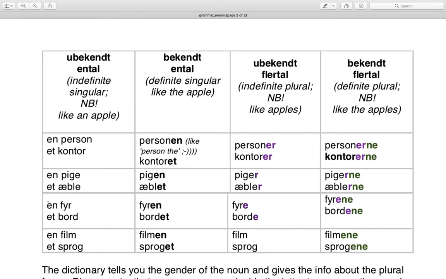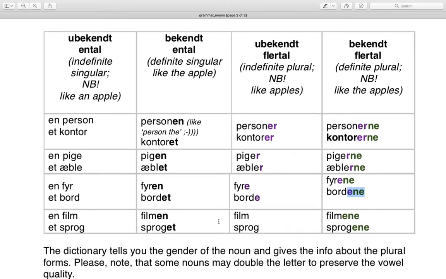So, en fyr, a young boy, fyren, the boy, fyre, boys or guys, fyrene, the boys. Then et bord, a table, bordet, the table, borde, tables, just with e, and bordene, the tables. I pronounce this ending like n.